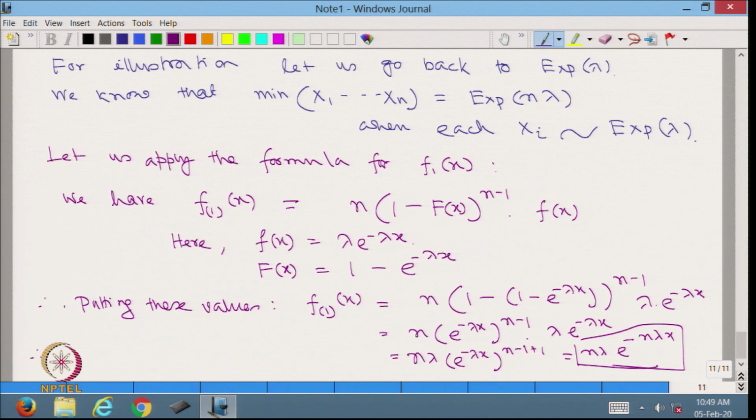Thus, we verify it for exponential lambda.